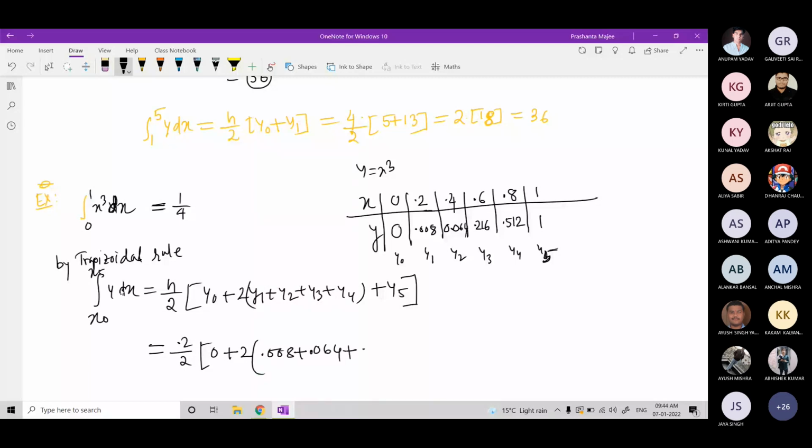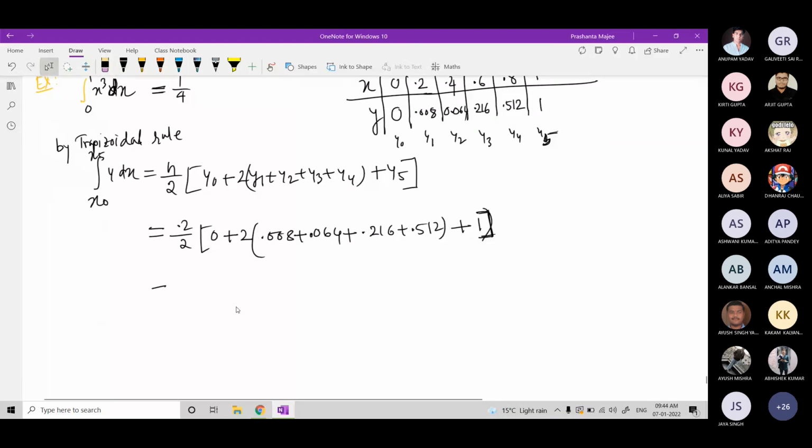0.064 plus 0.216 plus 0.512 plus 1. So you simplify and tell me how much you have obtained. Take your time. Why I am taking simple examples is to make understanding easy. Later you can apply it to any kind of data or any kind of integration.